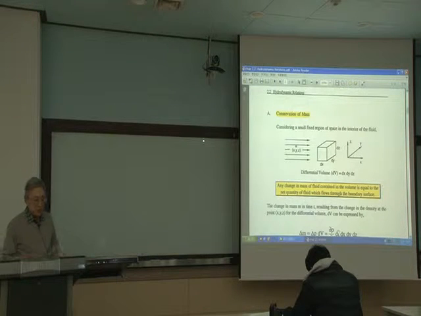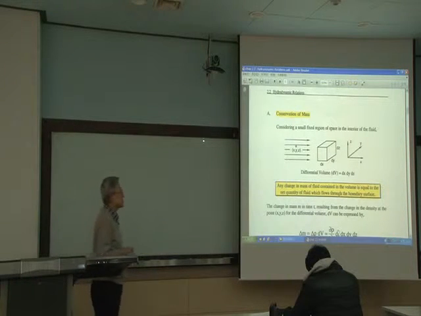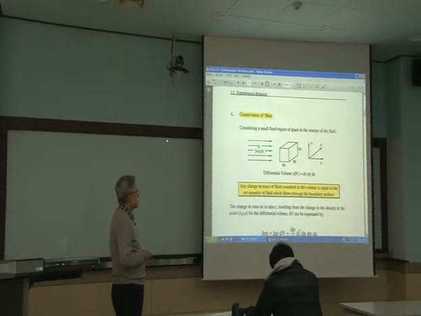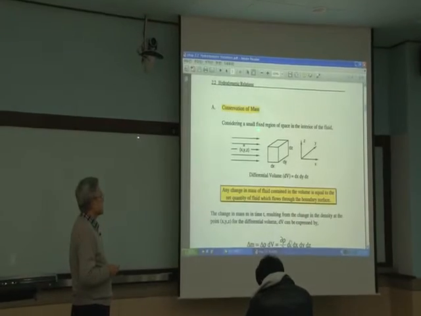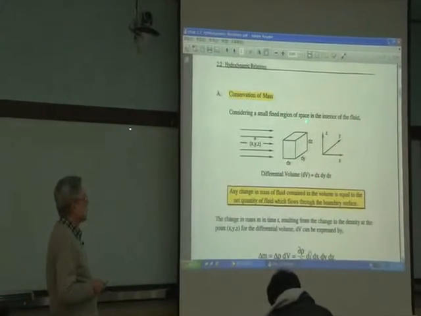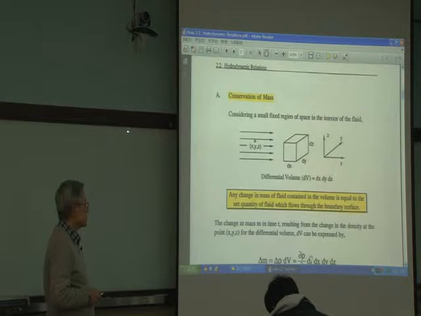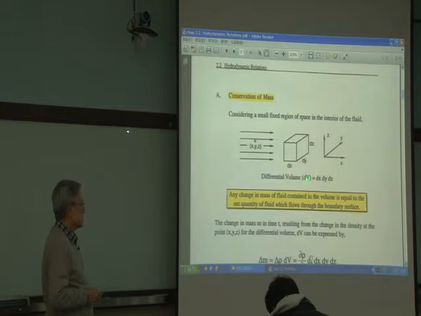Consider a small fixed region of space, in water, a particular point you are considering, fixed in the interior of the fluid. Then you are considering the differential volume, dx, dy, and dz, and totally you can say dV.